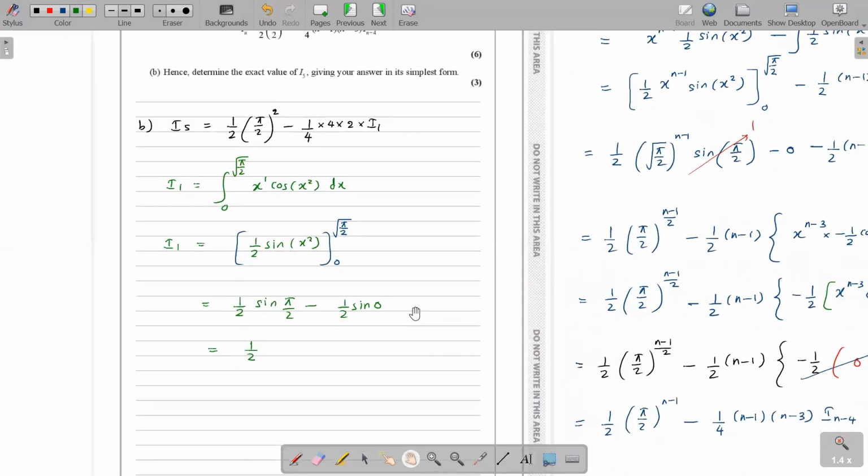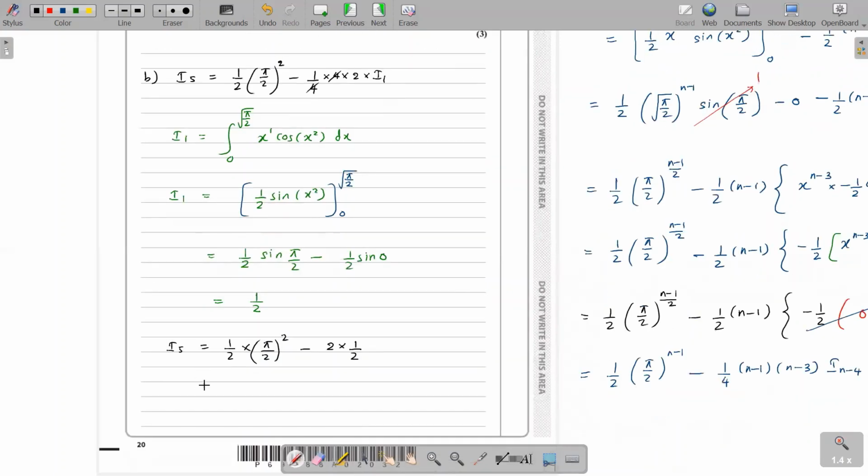Okay, so we have everything ready now. Substitute back to the equation. I5 equals half into, shall I write, pi over 2 squared. 1 over 4 and 4 cancels. It's 2 into I1, which is a half. So this is a half into pi squared over 4. 2 into half is 1.